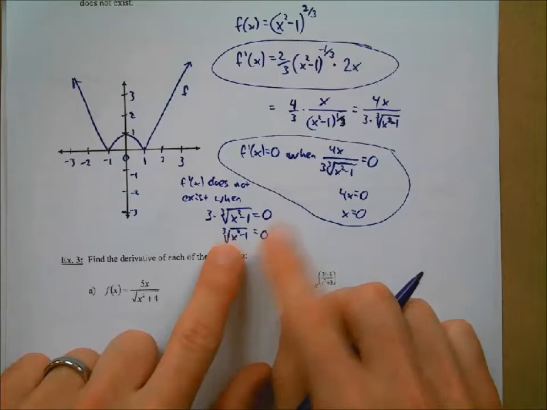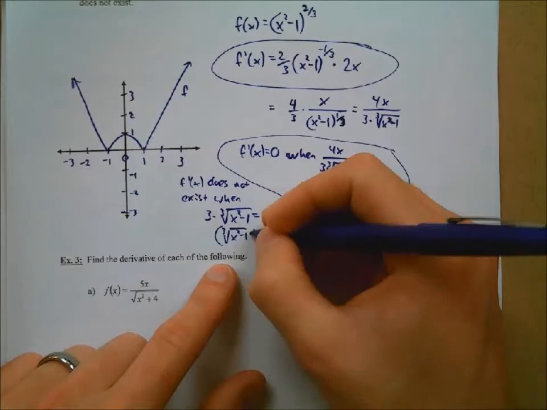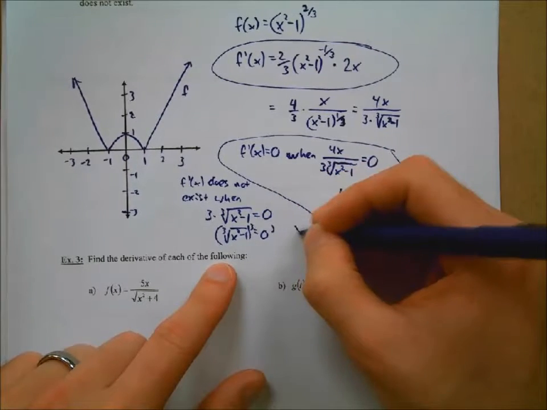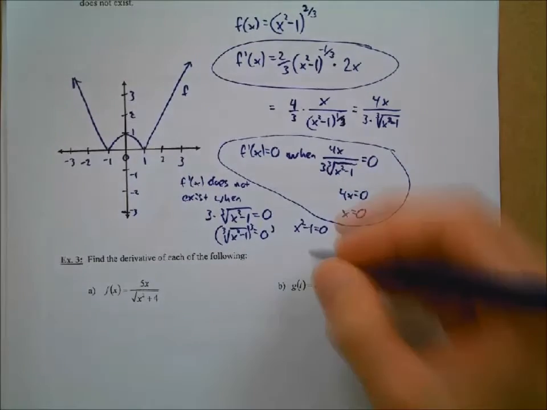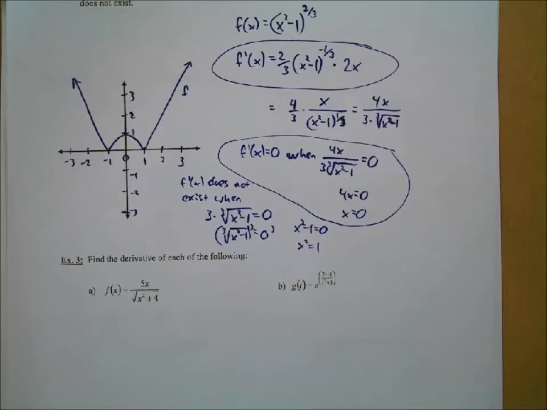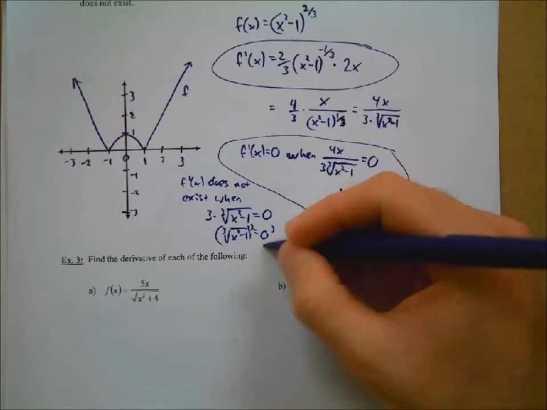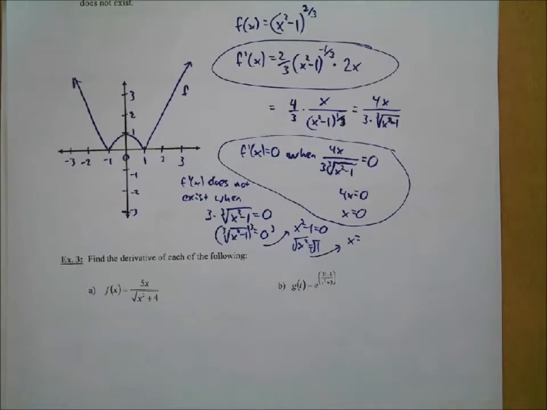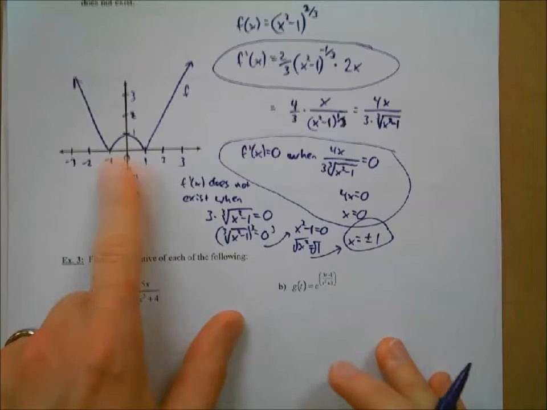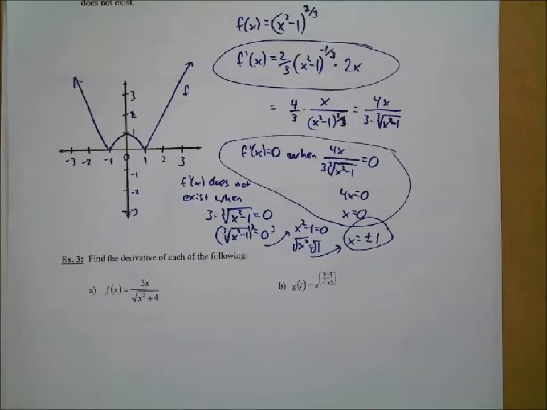Cube both sides. 0 cubed is still 0, so we get x squared minus 1 equals 0, which is x squared equals 1. Square root both sides, and since we're in an equation setting, we get x equals what? Plus or minus 1, which is exactly what we expected. So at both positive 1 and negative 1, we get 0 in the denominator. The derivative will not exist, and therefore the function is not differentiable. The function is not differentiable when the derivative does not exist.